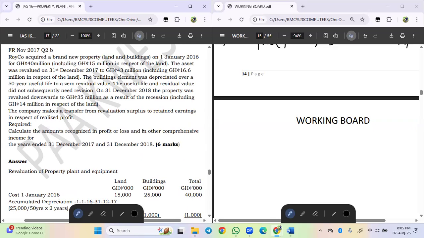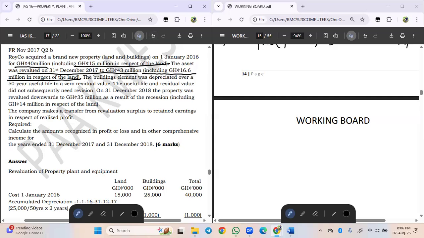Okay, so Raiko acquired a brand new property, that's land and buildings, on 1st January 2016 for 40 million Ghana cedis, including 15 million Ghana cedis in respect of the land. The asset was revalued on 31st December 2017 to 43 million Ghana cedis, including 16.6 million Ghana cedis in respect of the land.